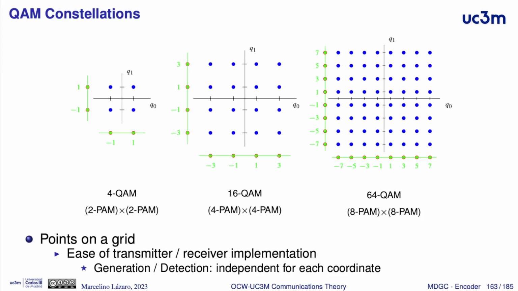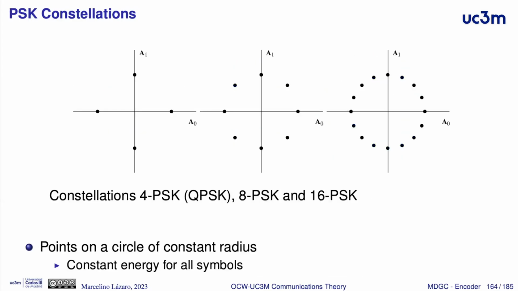Symbols in a square grid for QAM constellations, where the independence between the two components makes easy the implementation of both the transmitter and the receiver, and symbols in a circle where all the symbols have the same energy.